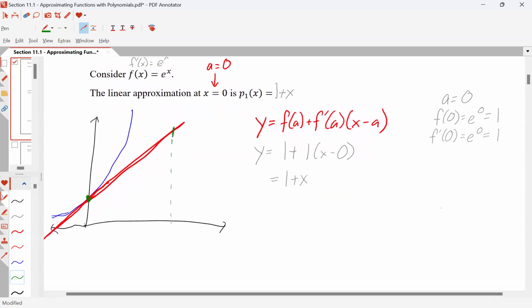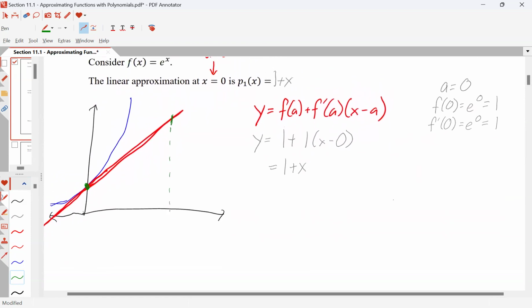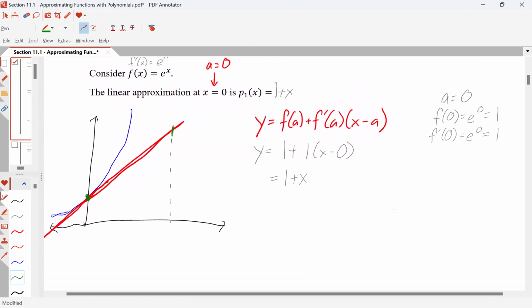So the question arises, how could I make a better approximation? Well, a better approximation would be something that has more terms to it. Right now, we only have 2 terms, 1 plus x, just a line.